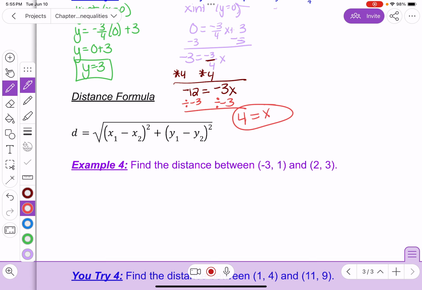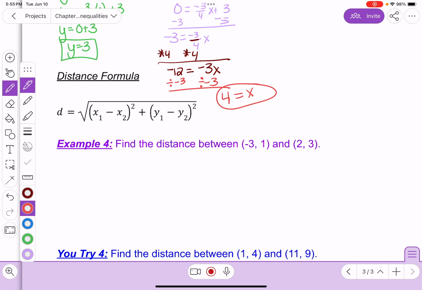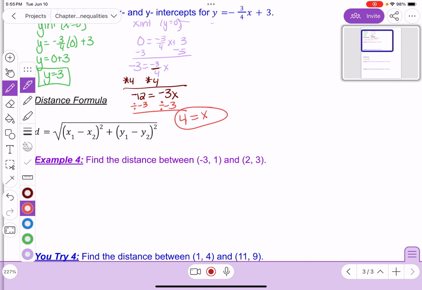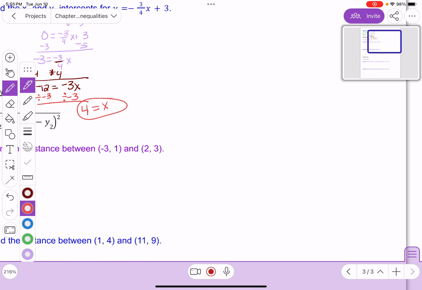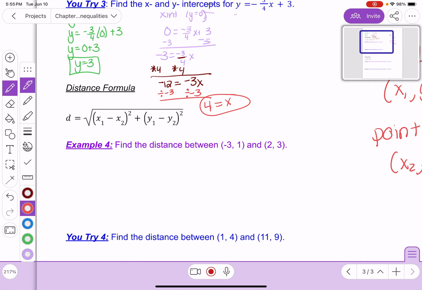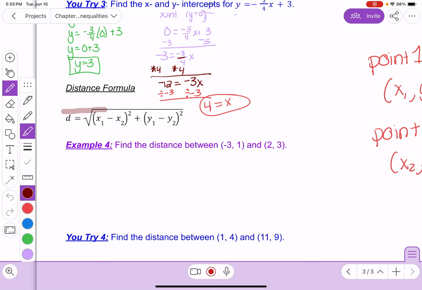The other thing the coordinate plane is good for is helping us find the distance and midpoint between 2 points. So we talked about slope on the last test. If you're given 2 points, you can find the slope between them. So if I give you point 1, x1 comma y1, and point 2, which we call x2 comma y2, we can find the distance using the distance formula.